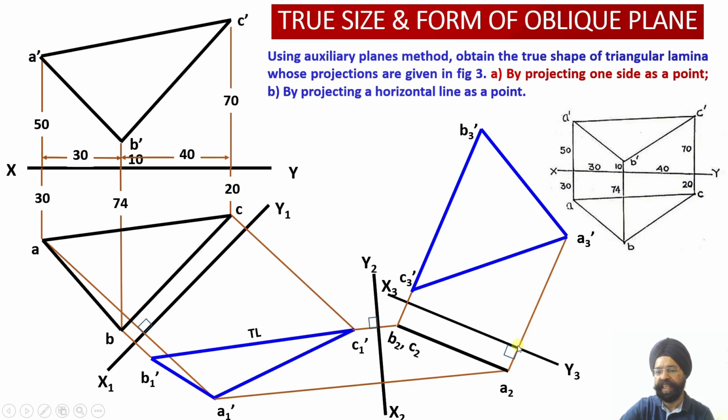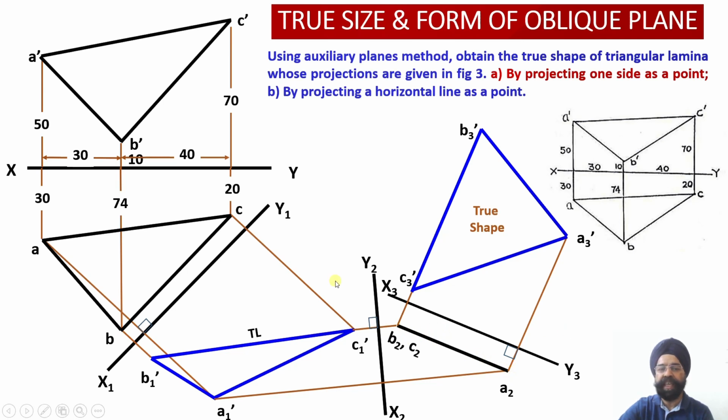This is the third distance, and having marked all these three distances, now you join A3 dash, B3 dash and C3 dash, and this triangular lamina represented in the auxiliary elevation will give you the true shape of the lamina, because this auxiliary elevation has been obtained on the AVP which is drawn parallel to the edge view of the lamina.